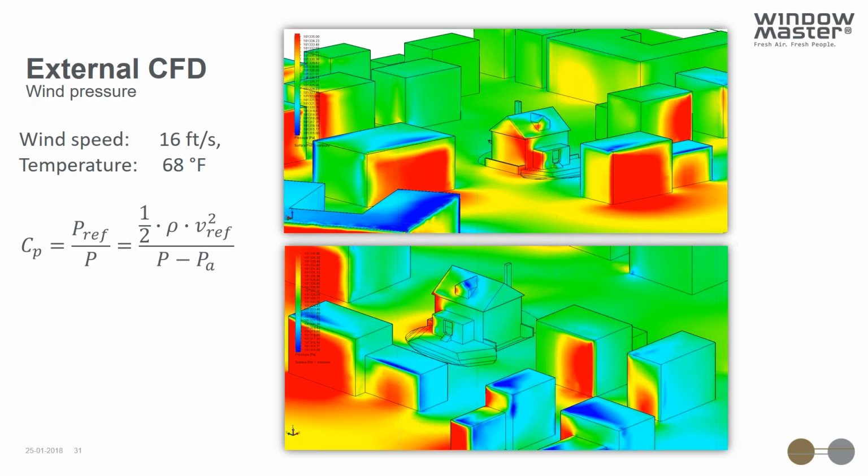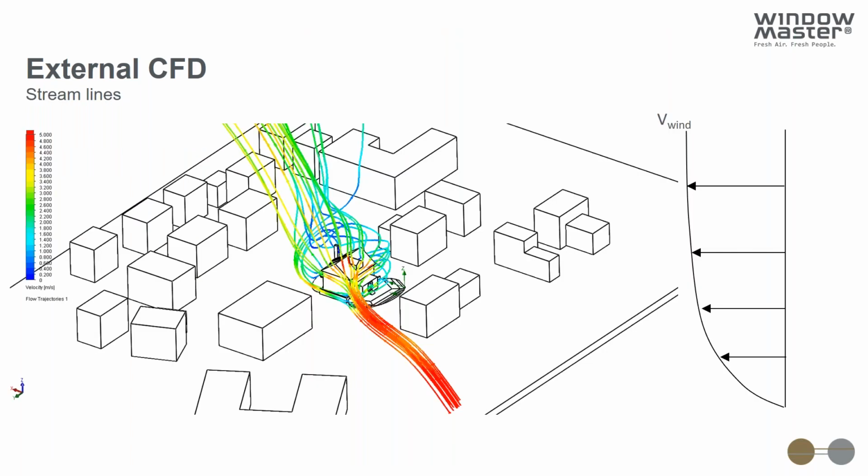The reason that we are using approximately 16 feet per second for the simulations is mainly because of the flow around the buildings.